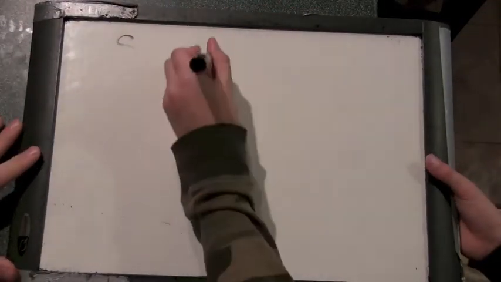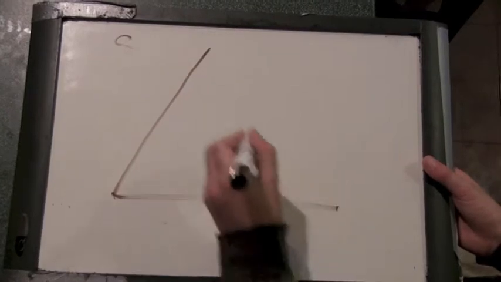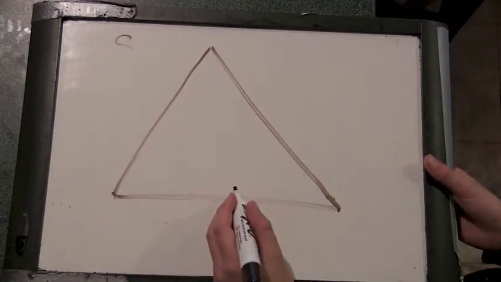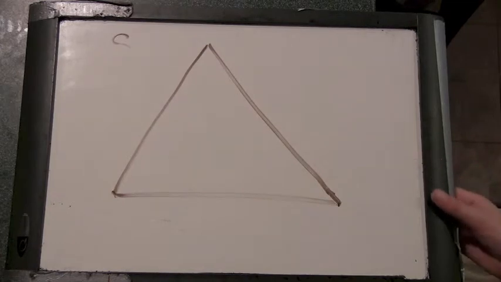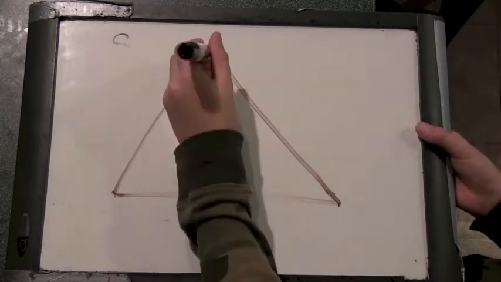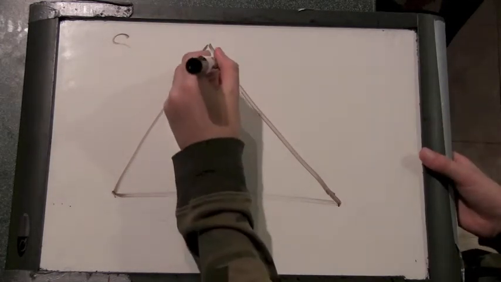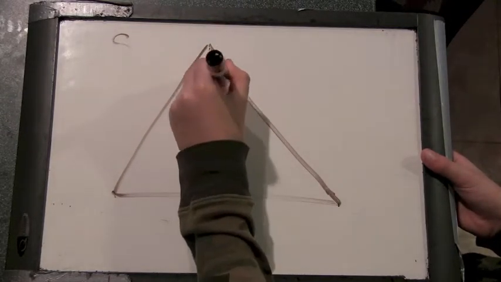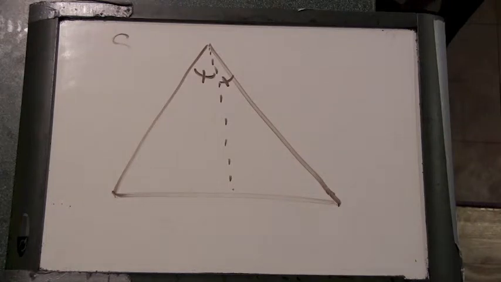Go ahead. So, I'll just draw any old triangle. And so, the angle bisector, I'll just use this top one. It's going to pass through the circumcenter.